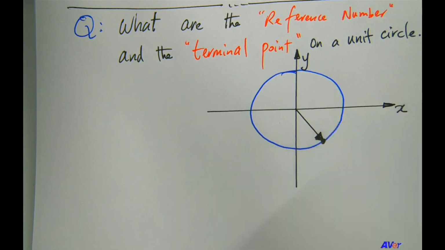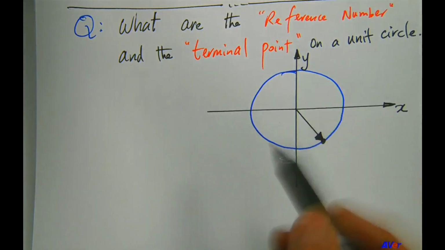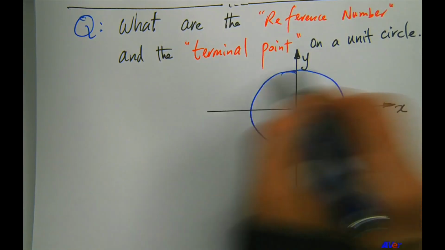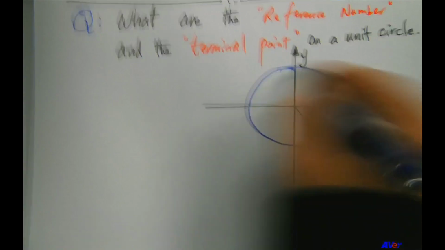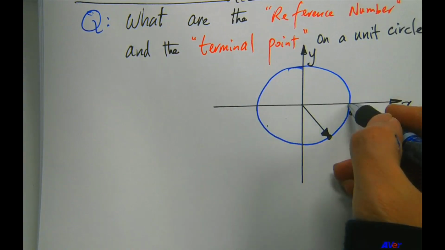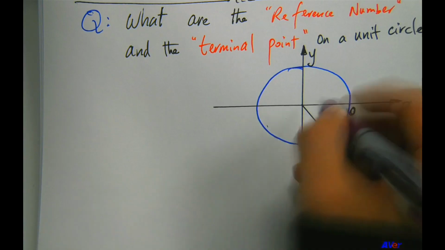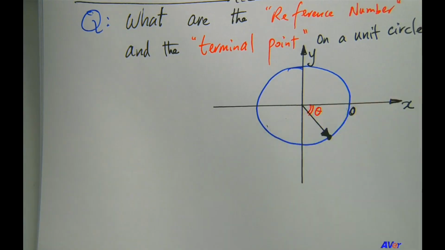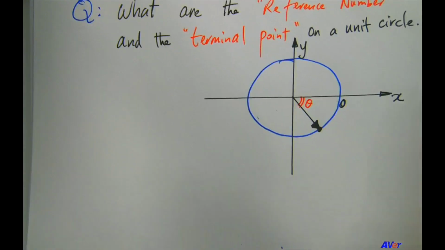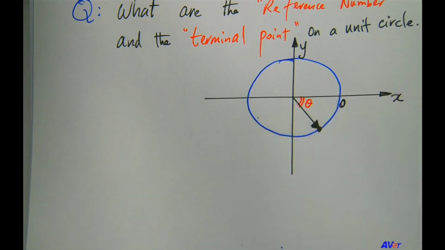Suppose that's an angle. And we can assume this angle to have been traced in the counterclockwise direction from 0 all the way to here, or we can assume it to have been traced in the clockwise direction, which would be the negative direction, right? Let's assume that it was traced in the clockwise direction. So let's say that's angle theta.